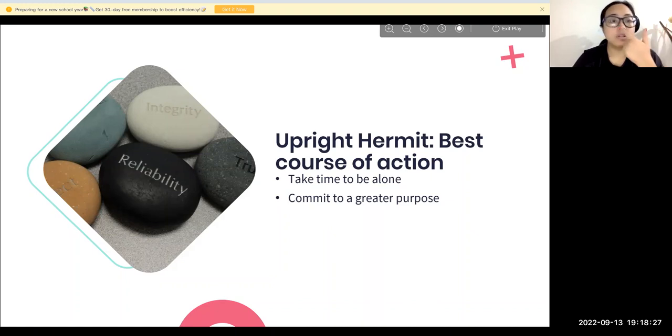Just write down this question. That means, when did you experience that you needed to take some time off to regenerate? Where did you need to look into your life and self-introspect, and see what you need to take care of? What lesson did you learn by taking that time out, by self-introspecting, right? What are you committing to a greater cause? What is your commitment towards a greater vision, or a greater purpose in life?